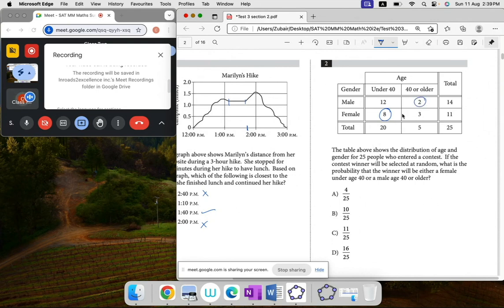So basically, I was selecting out of these two, and there are 10 out of 25. B.